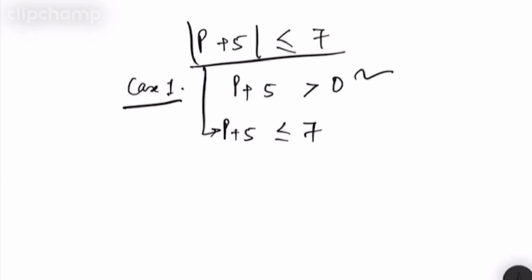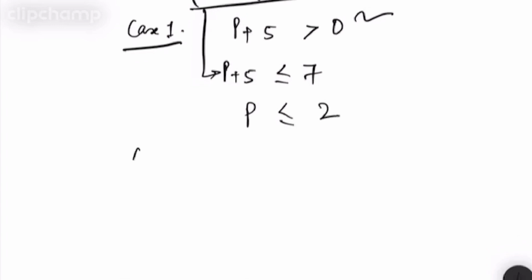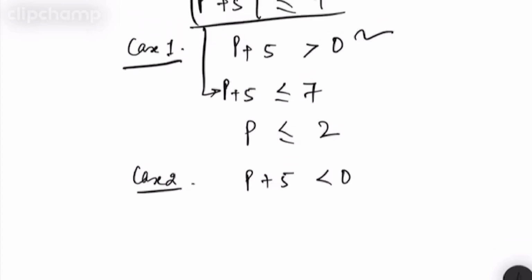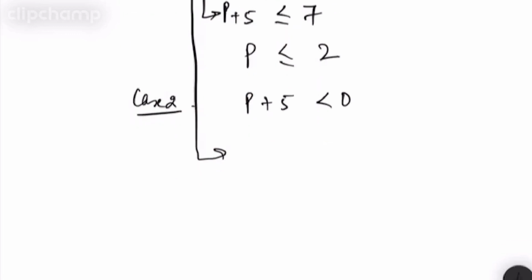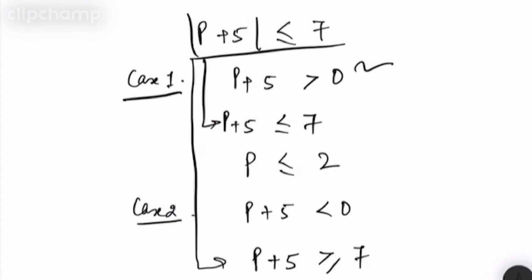So p will be less than or equal to 2. In case 2, we consider p plus 5 has a negative value. So how will the mod open? It will reverse the signs because the value is negative.